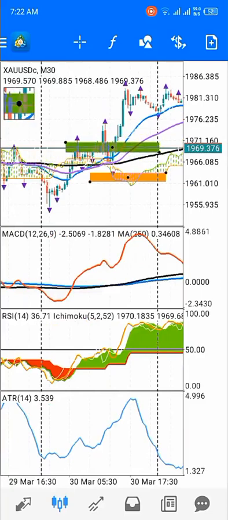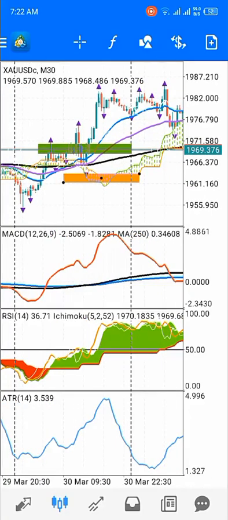When you place your buy entry at that green point, your stop loss is expected to be somewhere below the Ichimoku. That should be your stop loss area.